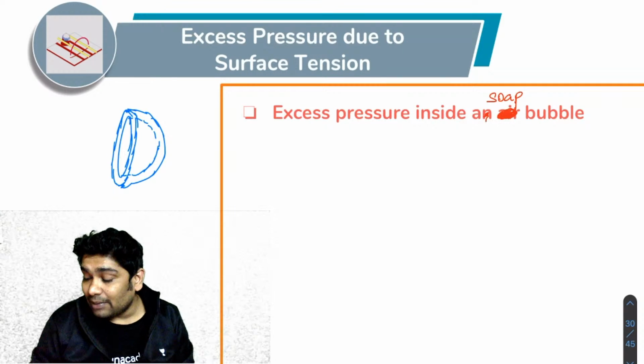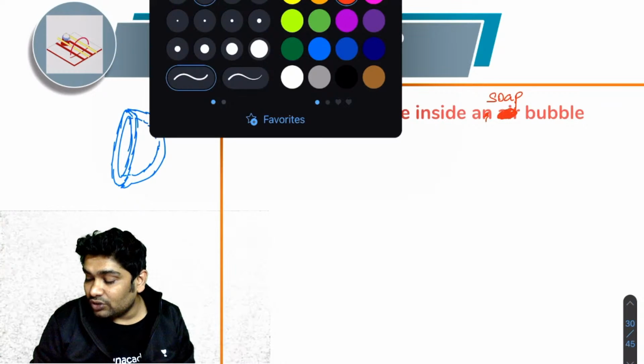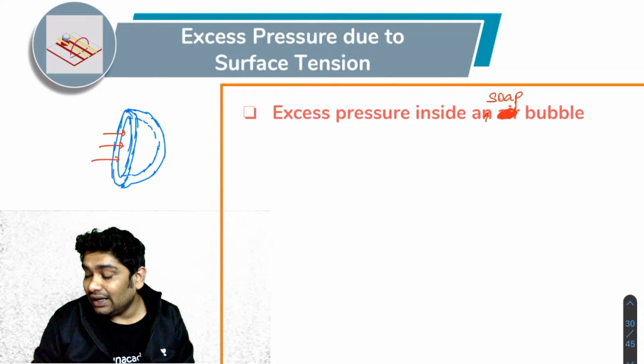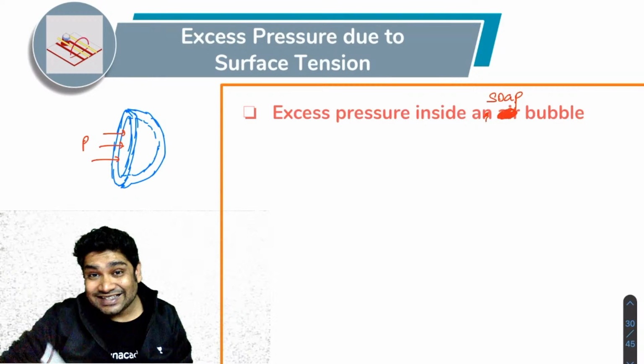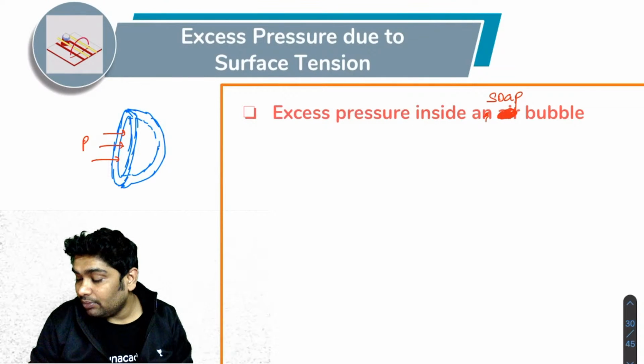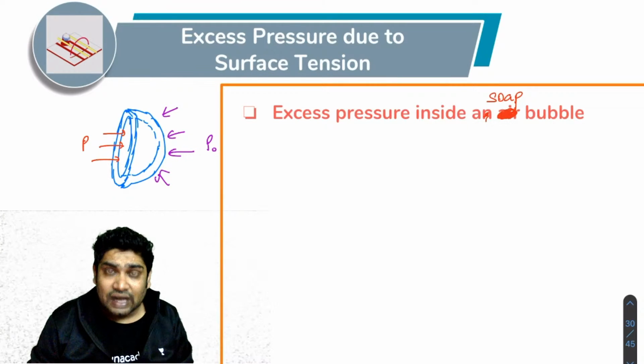Inside, the air will have some pressure P, and due to that it will apply some force on this bubble. Outside the bubble you have the atmospheric or external pressure, P naught. That will also apply some force.